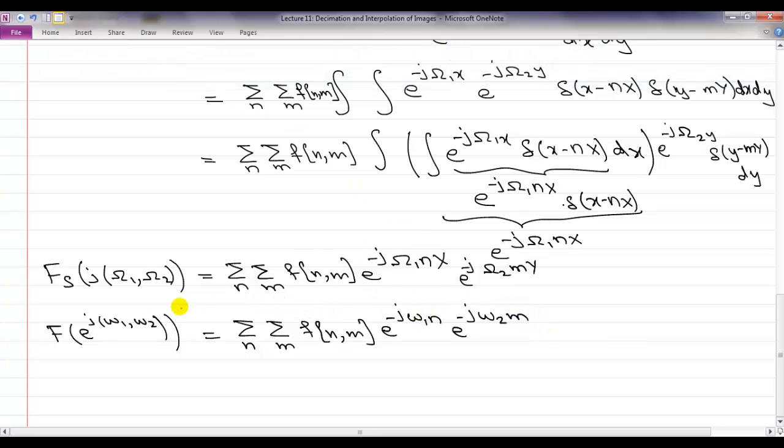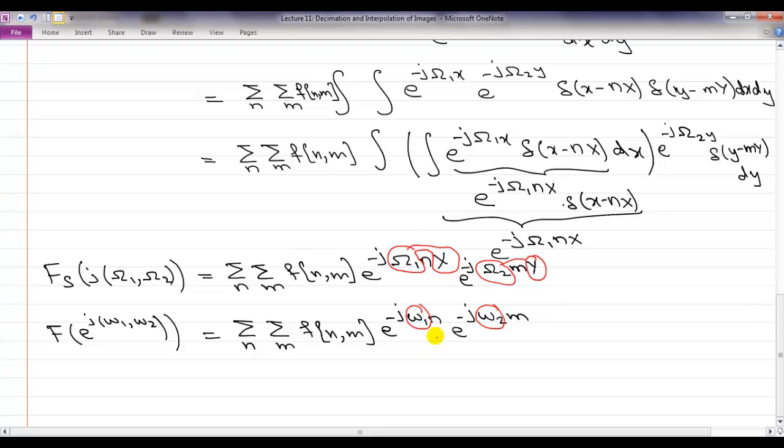So if I compare now these two, if I compare the Fourier transform of this Dirac comb signal with this discrete sequence, they are exactly the same, with the only difference being that instead of little omega 1 here, in the other case I have omega 1 X. Similarly, instead of little omega 2 here, I have omega 2 Y. Okay?